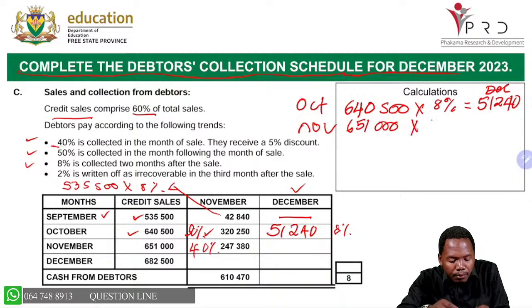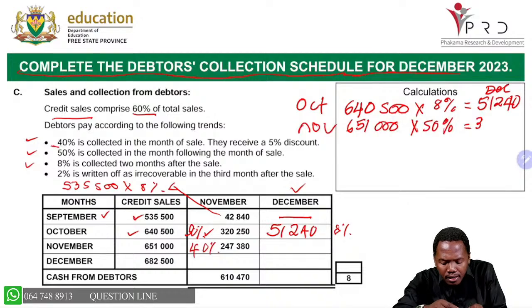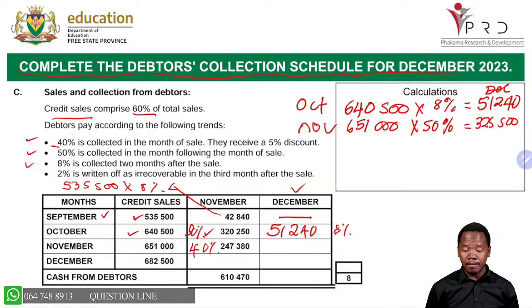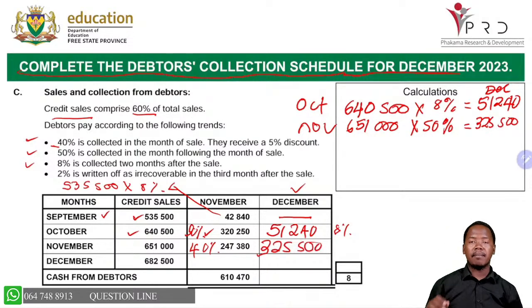Now I must show that calculation. 50%, so 651,000 divided by 2, which gives me 325,500. That is 50%, right? So I would record this one because it belongs to December collection.